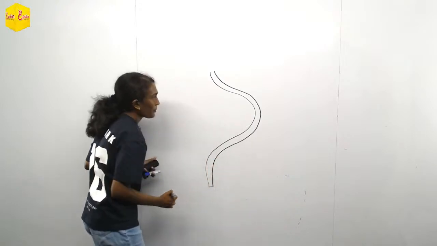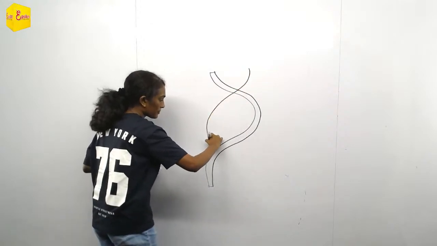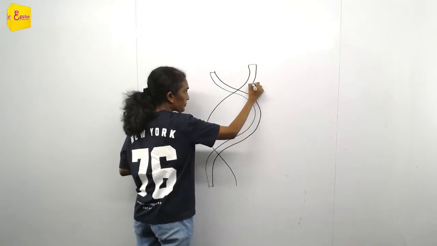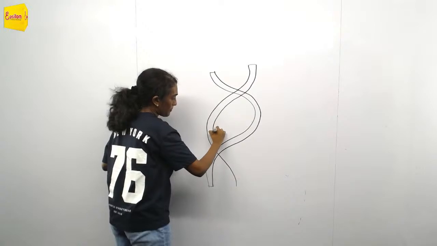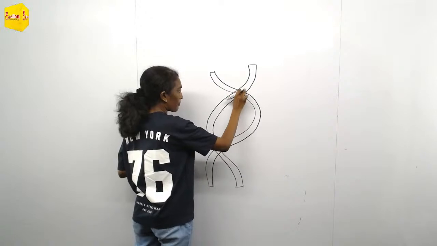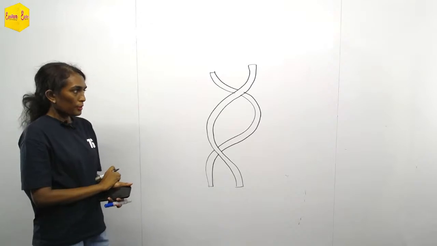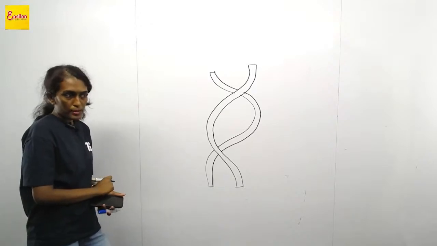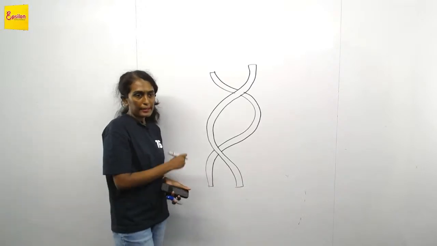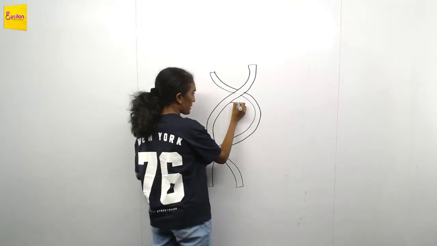And this is one sugar phosphate backbone. And here's another sugar phosphate backbone. And so you can see that sugar phosphate backbones are found in the exterior of the helix and the nitrogenous bases are paired in the interior of the helix. So we will draw a few nitrogenous bases also here.